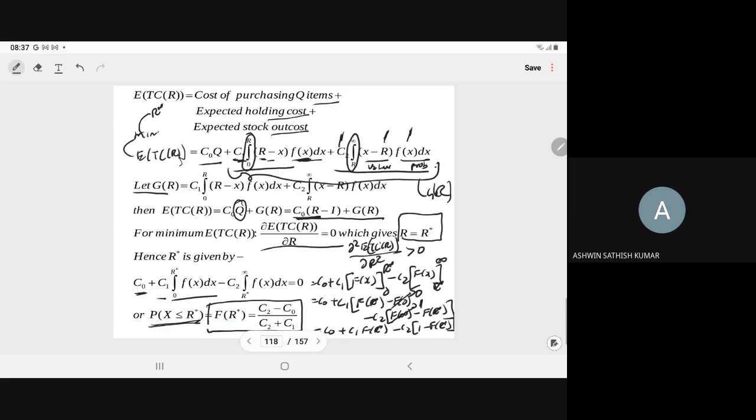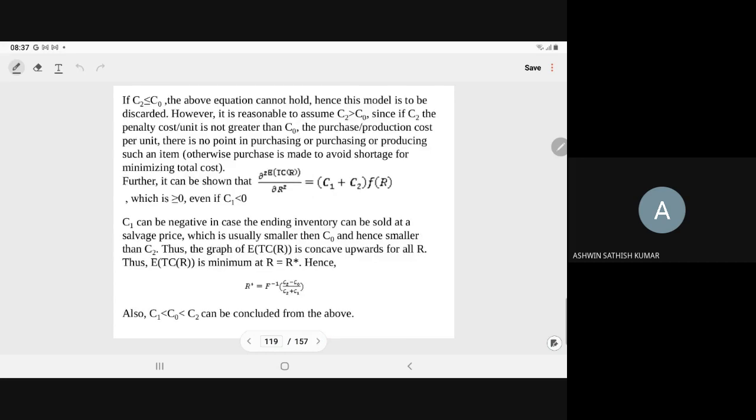It is the cumulative probability at point R star. So R star will be the F inverse of C2 minus C naught upon C1 plus C2. In this way we can compute the optimal desired inventory.